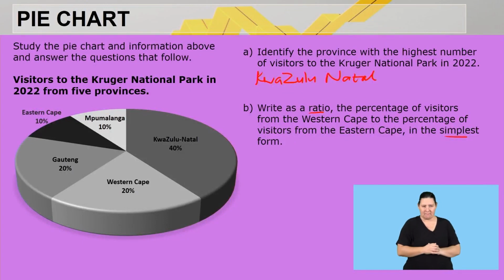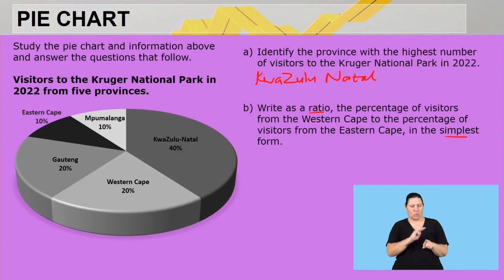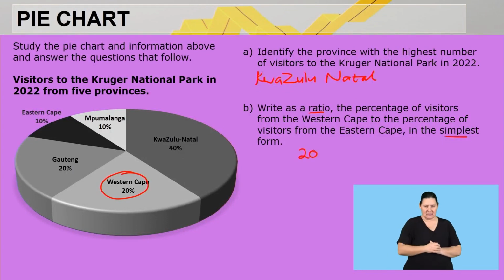If I look at my pie chart, here's the Western Cape, so visitors from the Western Cape is 20%. Right, we agree. And now I'm going to indicate with my 2 dots here, that's my ratio. And then from the Eastern Cape, here's the Eastern Cape, and we can say that's 10%. So 20% is to 10%.